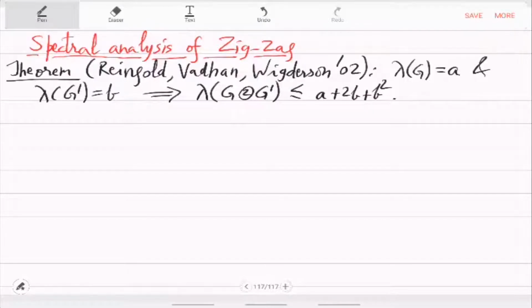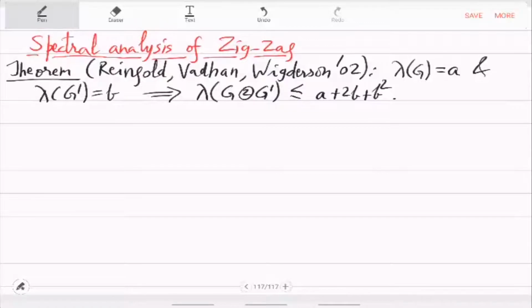To understand the meaning of this, think of A and B as small, and remember that they are both fractions below 1. So B square is quite small, so this is like A plus 2B. Think of this as something additive.